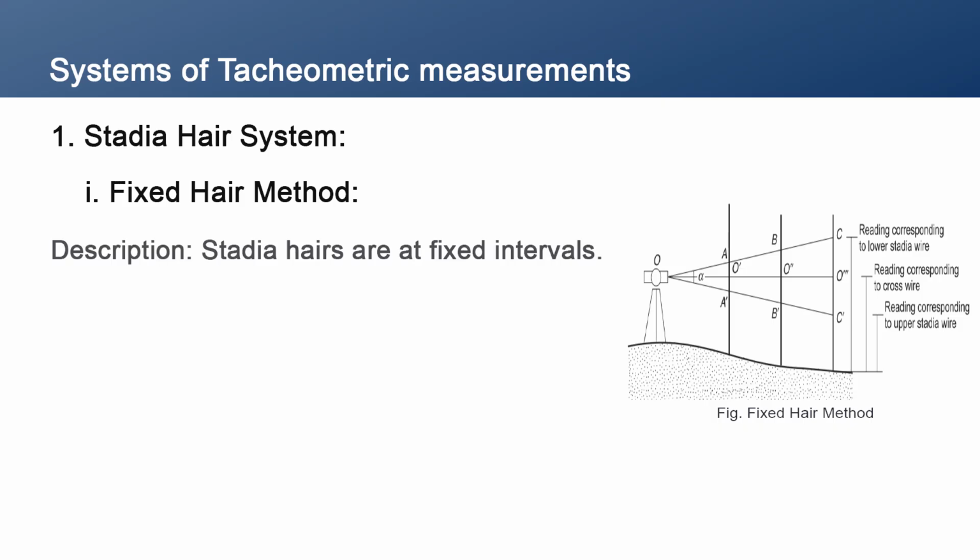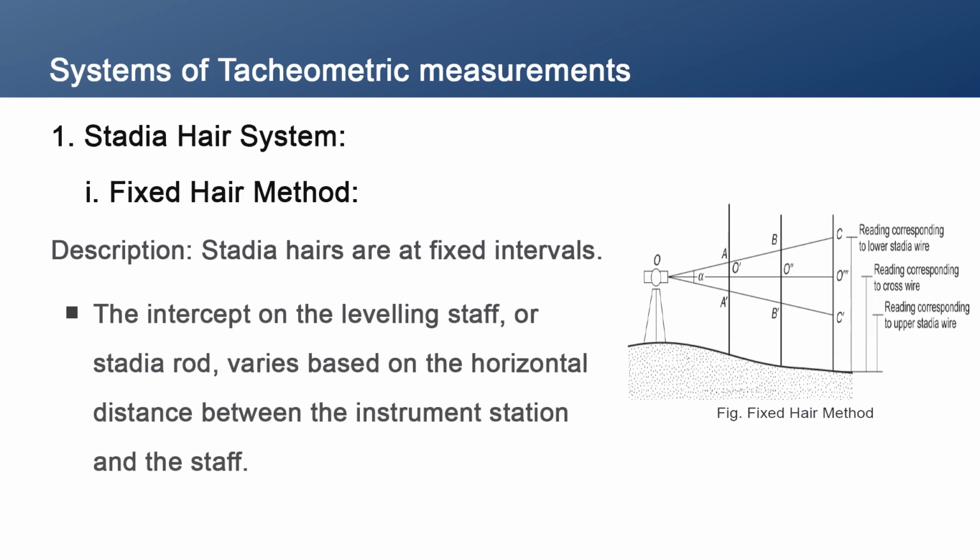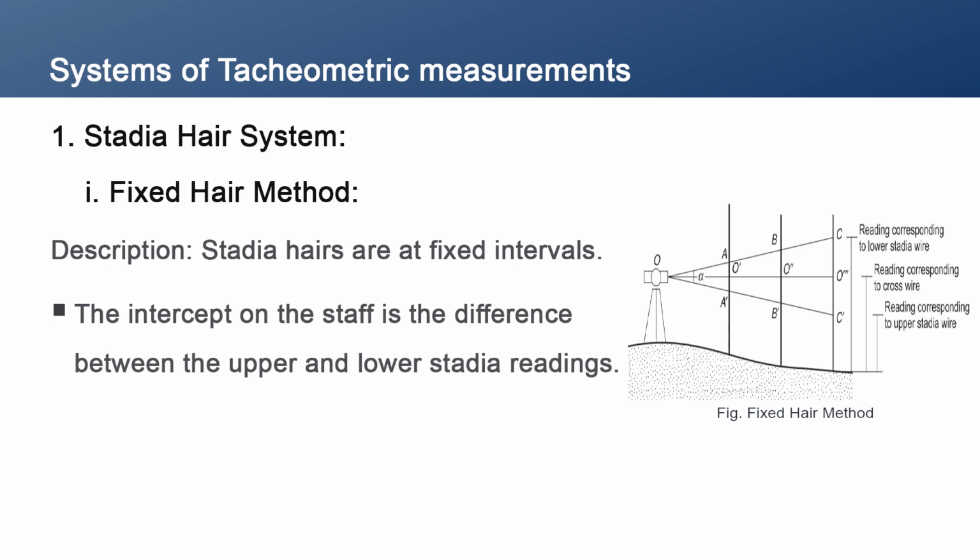The fixed hair method within the stadia hair system involves setting the stadia hairs at fixed intervals. The intercept on the leveling staff or stadia rod varies based on the horizontal distance between the instrument station and the staff. The intercept is calculated by subtracting the lower stadia reading from the upper stadia reading.